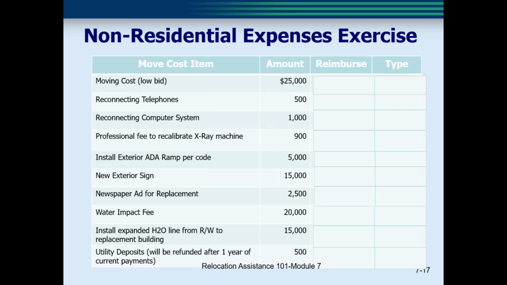What we're going to do is say what category they go in. Is it a move cost? Is it a reestablishment cost? And is it reimbursable? There's also the category that we just talked about called related non-residential.